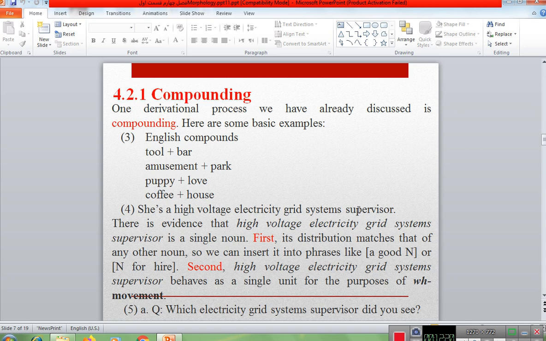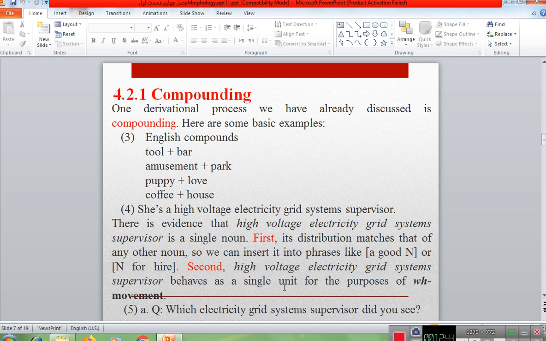Second reason is high voltage electricity grid system supervisor behaves as a single unit for the purpose of WH movement. Question answer pairs that break it up are at the very least awkward. For example, in chapter 2 we relate this characteristic of word to the notion of lexical integrity, as you remember.